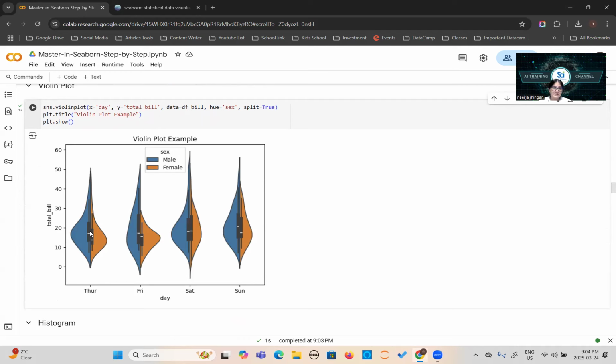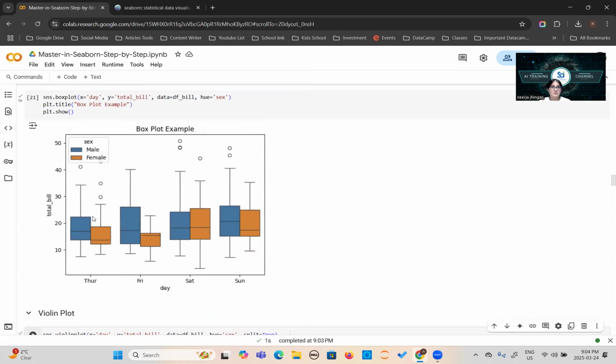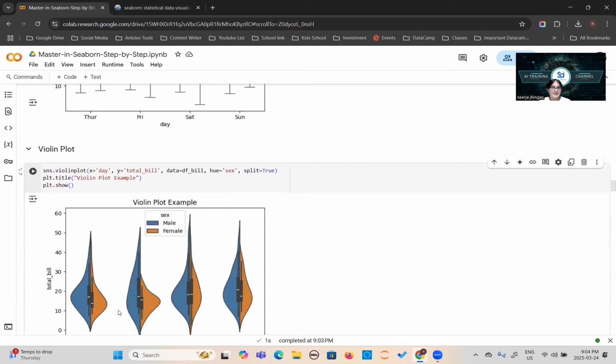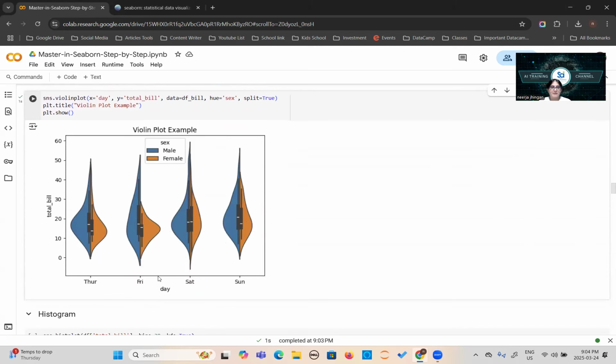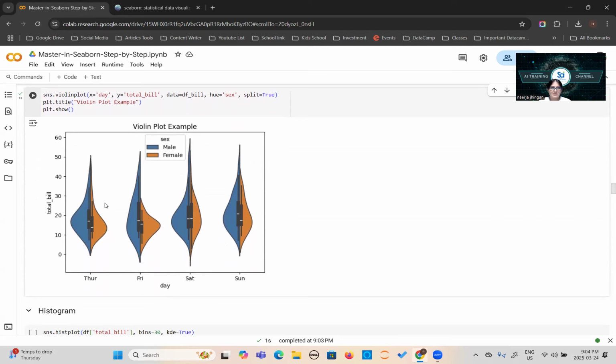Now look at this. These are the box plots too, for male and female. This white line is showing the middle value, the median value, as you have seen. But when you look at this, the maximum bill paid by the female on Thursday is up to 40, we can say, and this belly area is not too big, it's average, I will say.